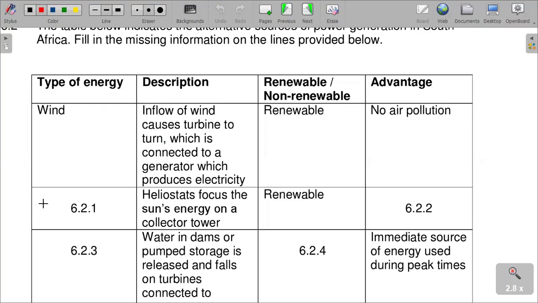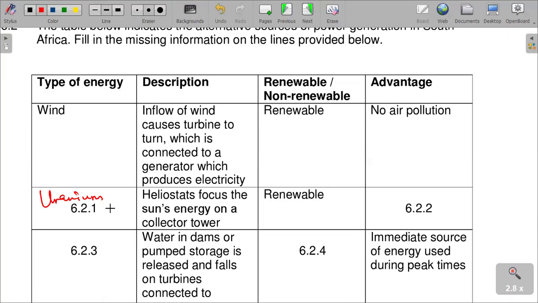So 6.2.1, we can talk about uranium. It is the one whose description has heliostats, focuses the sun's rays on a collector tower, and then it is a renewable source of energy.